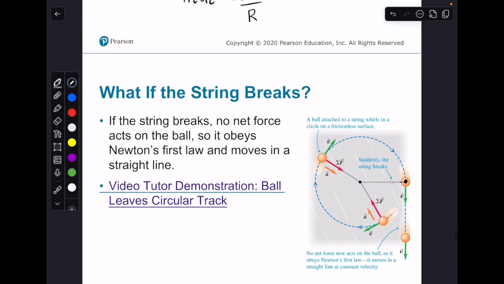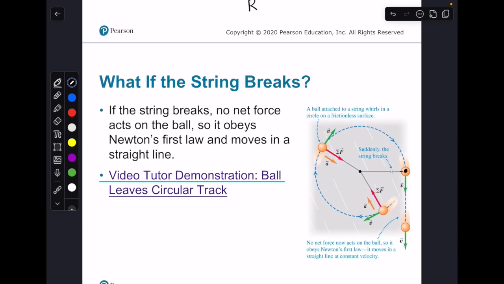So let's think about a ball that is attached to a string that is being whirled around in a circle, okay? What is causing this centripetal acceleration? Well, that is going to be the change in velocity, right, around the circle. And what then is the force responsible for keeping that ball in circular motion?